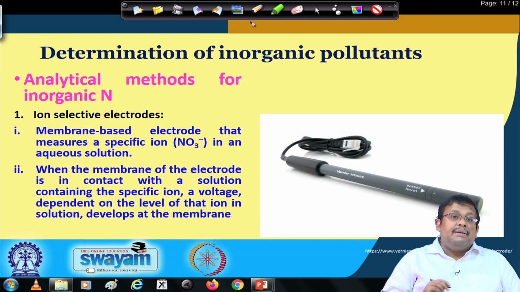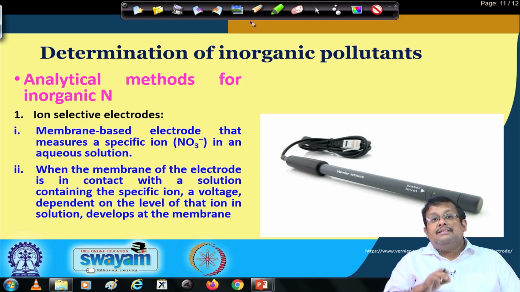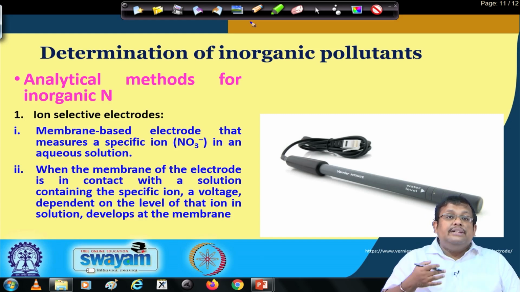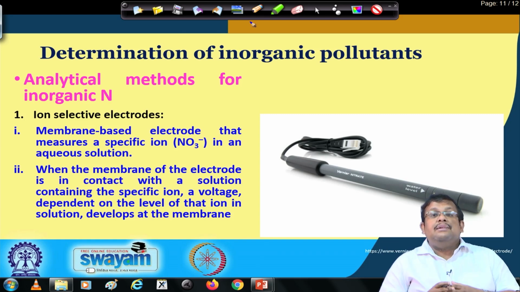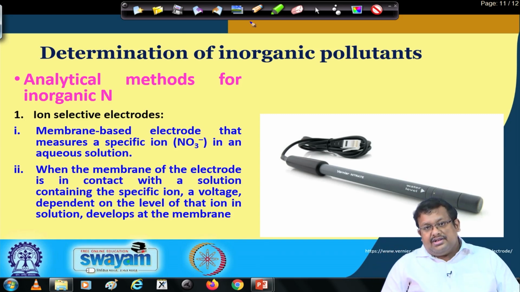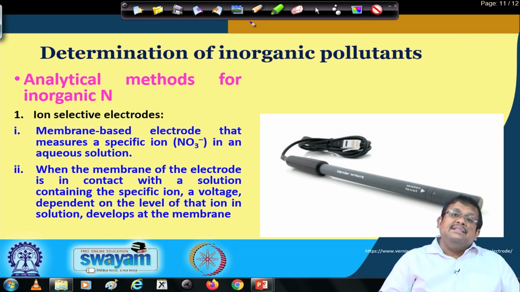When the membrane of the electrode is in contact with a solution containing the specific ion, a voltage dependent on the level of that ion develops in the membrane, and that is why we can measure the ion concentration. This is the principle of this instrument. It is a membrane based tool.